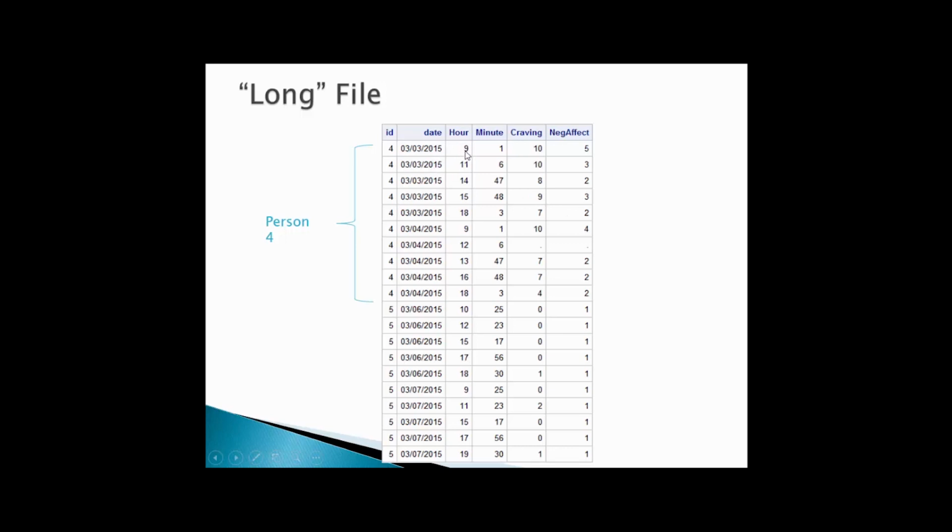And then we have the hour and minute at which they gave us the report, as well as their craving at that moment and their negative affect or negative mood at that moment. And we have repeated assessments for this individual. Now we can also look at participant 5 and we can see the same setup. So each person has multiple assessments associated with them.